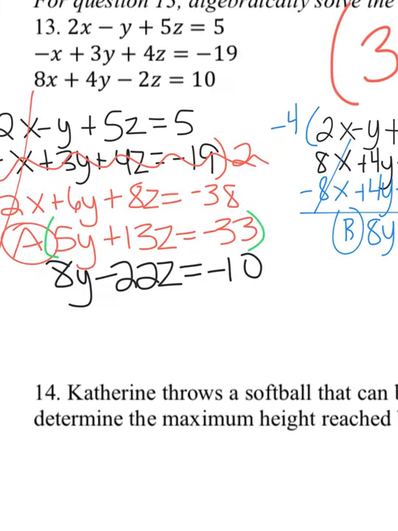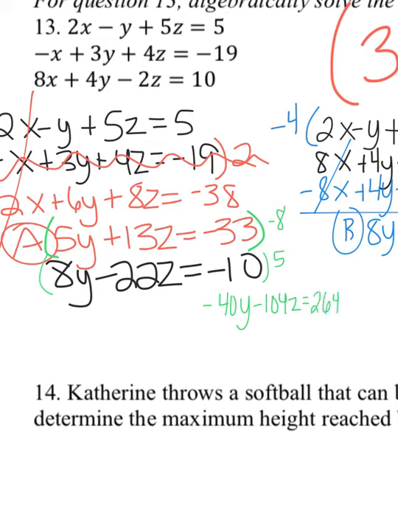So I'm going to multiply the top equation by a negative 8 and the bottom equation by 5. So now this turns into negative 40y minus 104z equals 264.